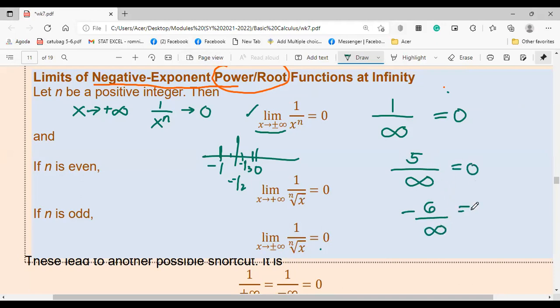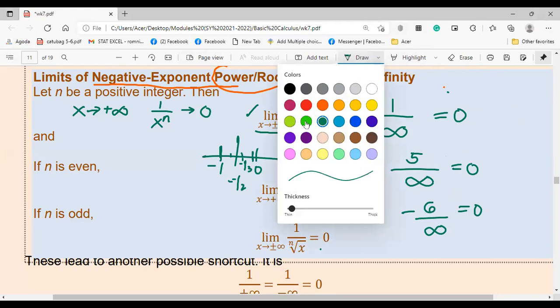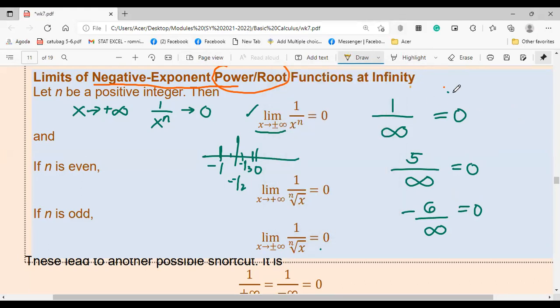Pare-pareho silang 0. We can now generalize actually, class, that if you have any constant a where a is not 0, and then you have infinity or a denominator that keeps on increasing or decreasing, that is always 0. And you know the reason, class?